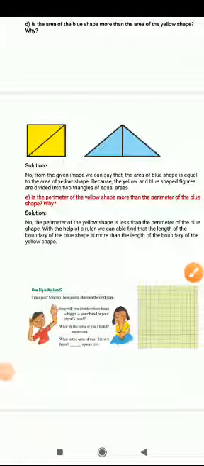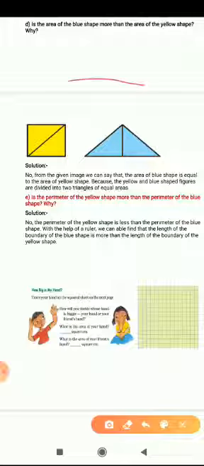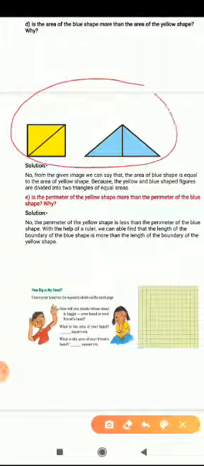Here the question is: is the area of the blue shape more than the area of the yellow shape? Why? Let's observe these two figures and find out whether their areas are equal or not.